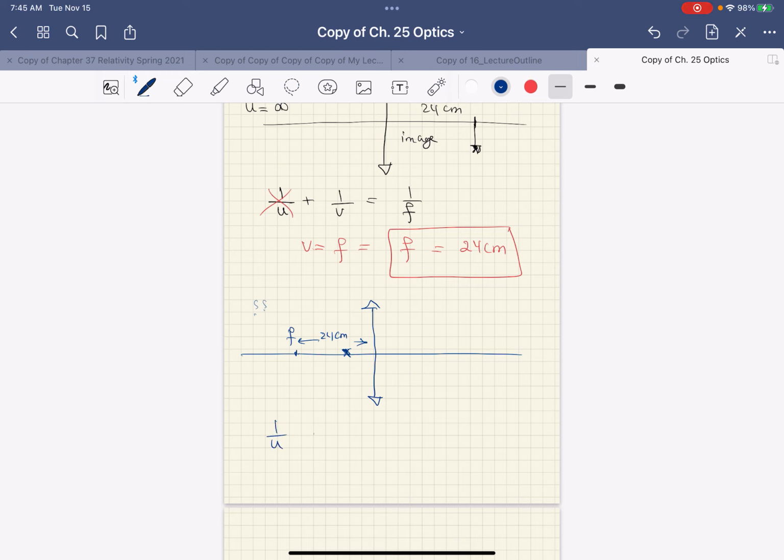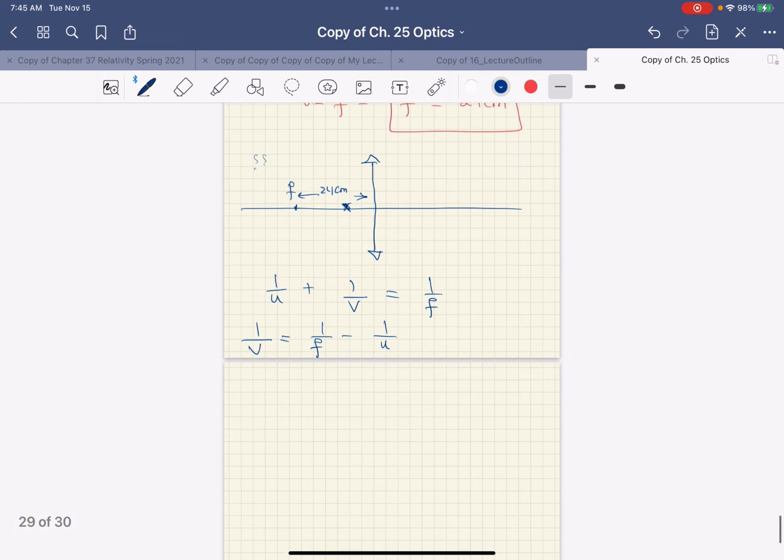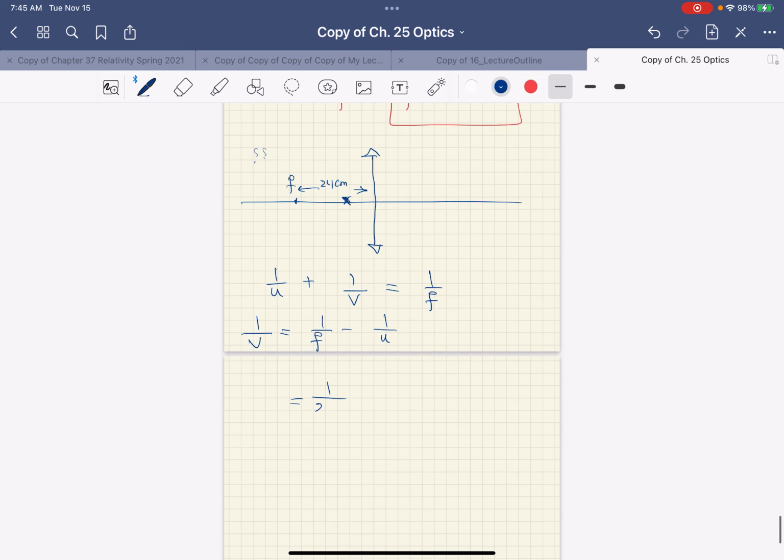Now let's do the math. 1 over U plus 1 over V equals 1 over F. So 1 over V is 1 over F minus 1 over U, and that is 1 over 24 centimeters minus 1 over 16 centimeters.